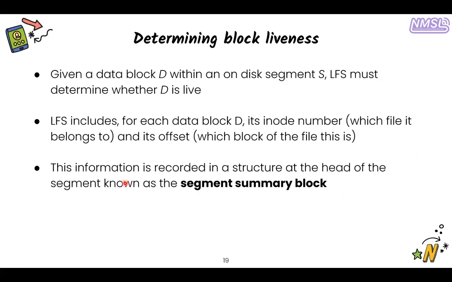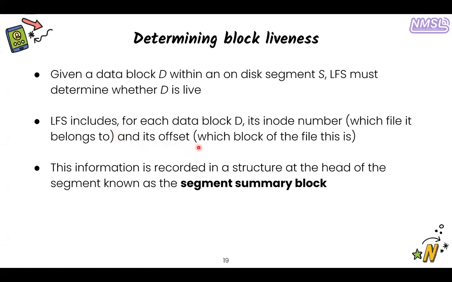So how do we decide whether this block is live, right? Because you don't wanna make a mistake here. Given a data block D within an on-disk segment S, LFS must determine whether D is live. So LFS includes for each data block D its inode number, which file it belongs to, right?